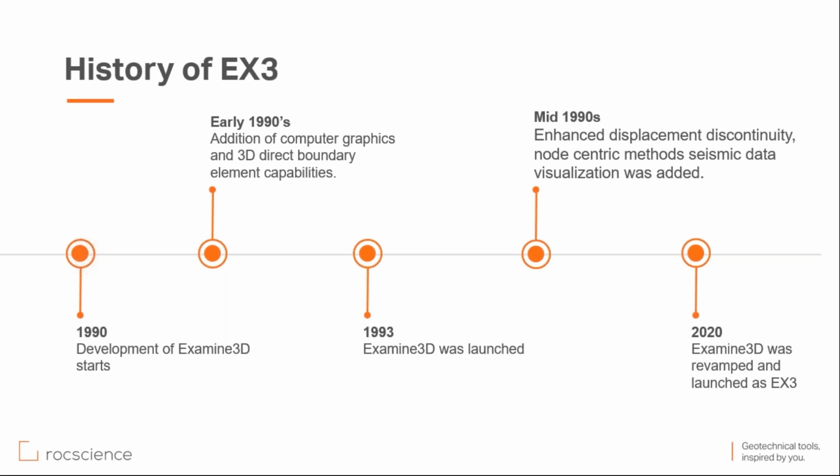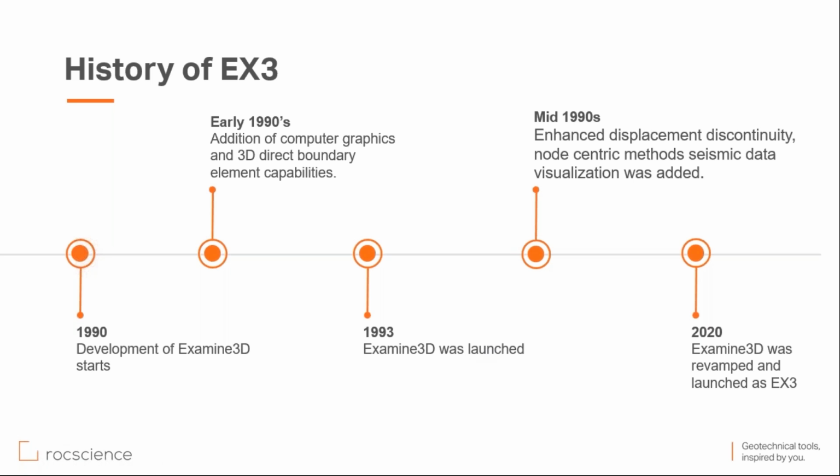So in the early 90s, the company developed an advanced numerical package using the direct boundary element method to analyze 3D underground excavations. They put a lot of effort into visualization algorithms, and finally in 1993, Rocscience released its first 3D product called Examine3D.